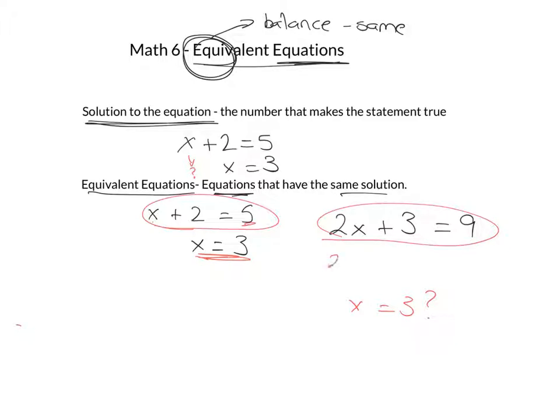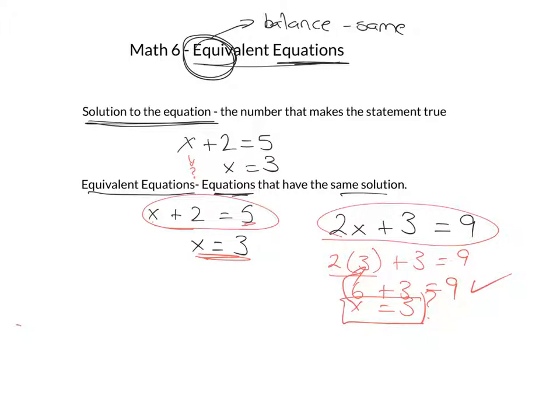So let's try it. 2 times 3, we're going to try 3 for this, plus 3 equals 9. Order of operations says we do the multiplying first. 2 times 3 is 6. 6 plus 3, does that equal 9? And the answer is yeah, 6 plus 3 does equal 9. So therefore, x is 3.